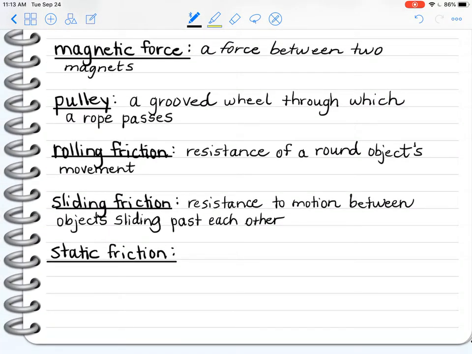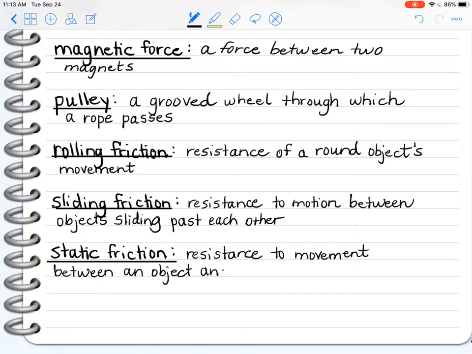And then static friction or static resistance is resistance to movement between an object and the surface on which it sits.